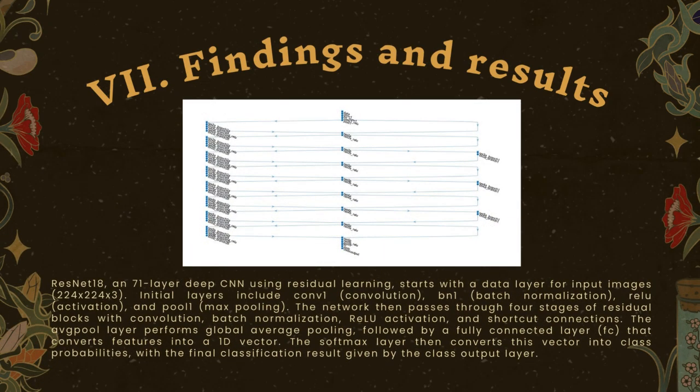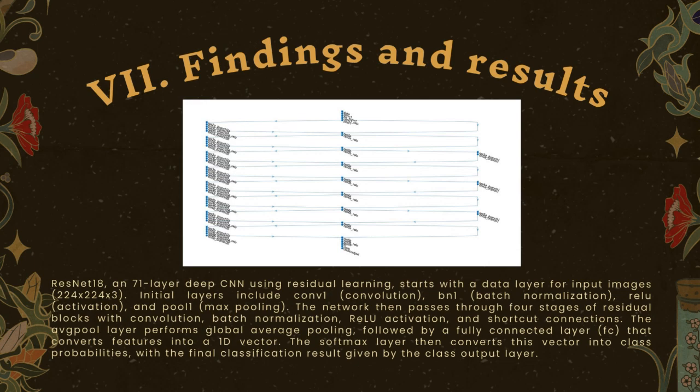7. Findings and review. ResNet 18 is a 71 layer deep CNN using residual learning. Start with a data layer for input image 224 by 224 by 3. Initial layers include convolution, batch normalization, ReLU activation, max pooling.